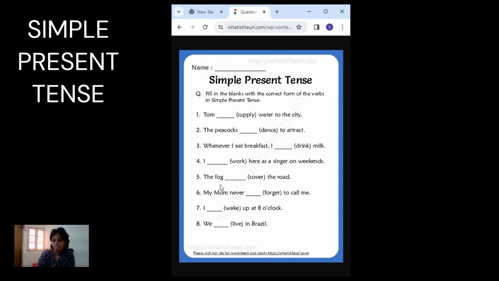And fifth one, the fog dash cover the road. Here we are talking about fog. When we wake up in the morning, especially during December, we couldn't see anything.